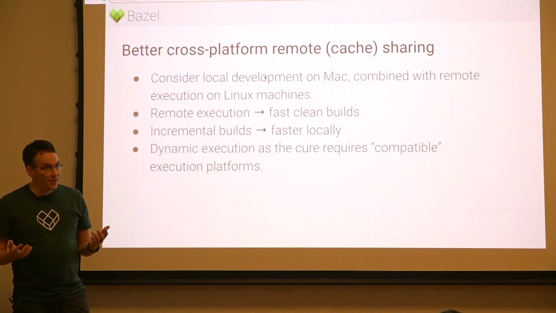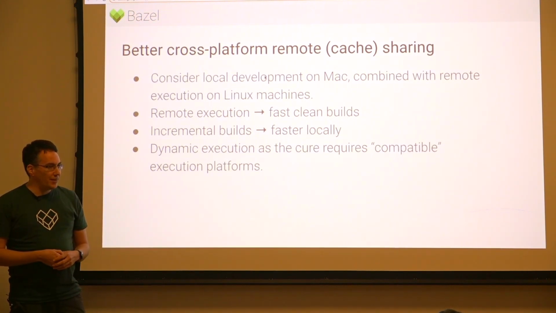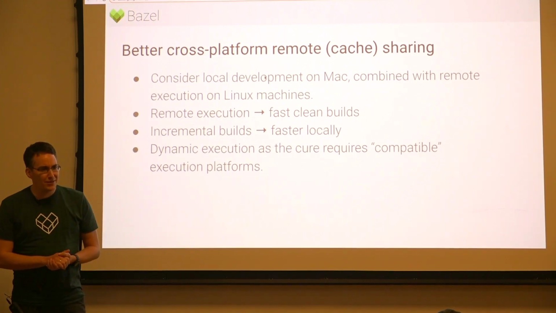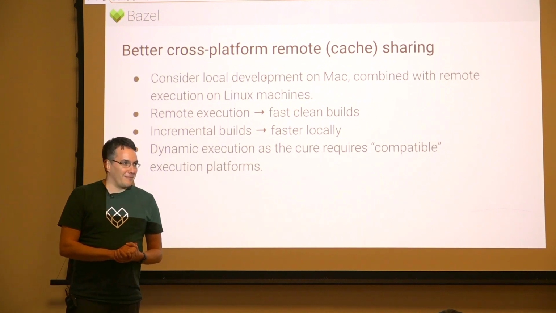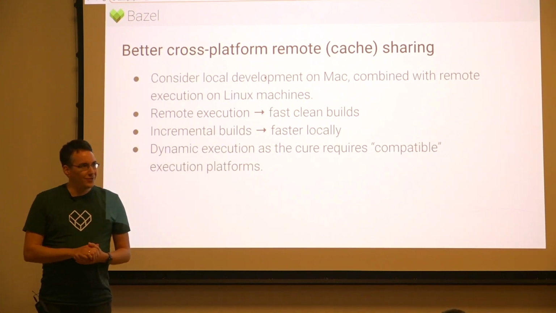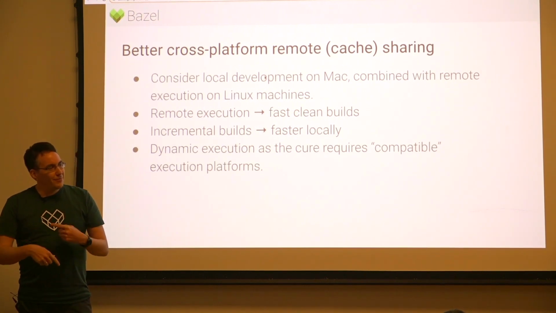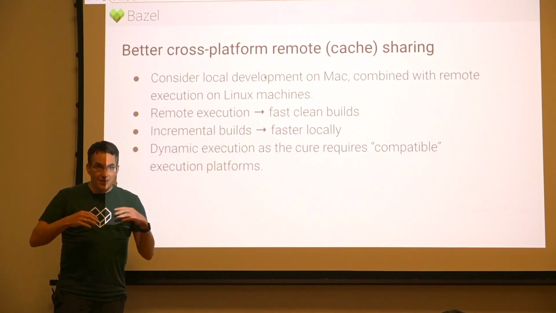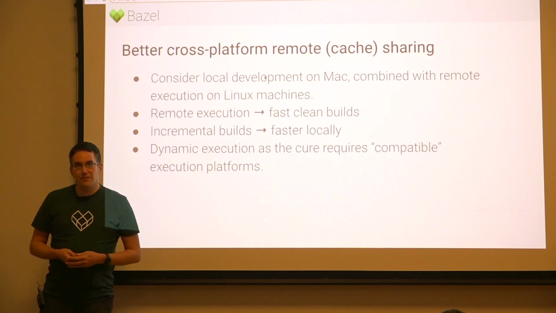It makes this a lot faster. But for incremental builds, you really want to use your local machine, especially these beefy M1 machines. They make it really fast to have this iterative development. So we want to mix those two things, and we thought about that.